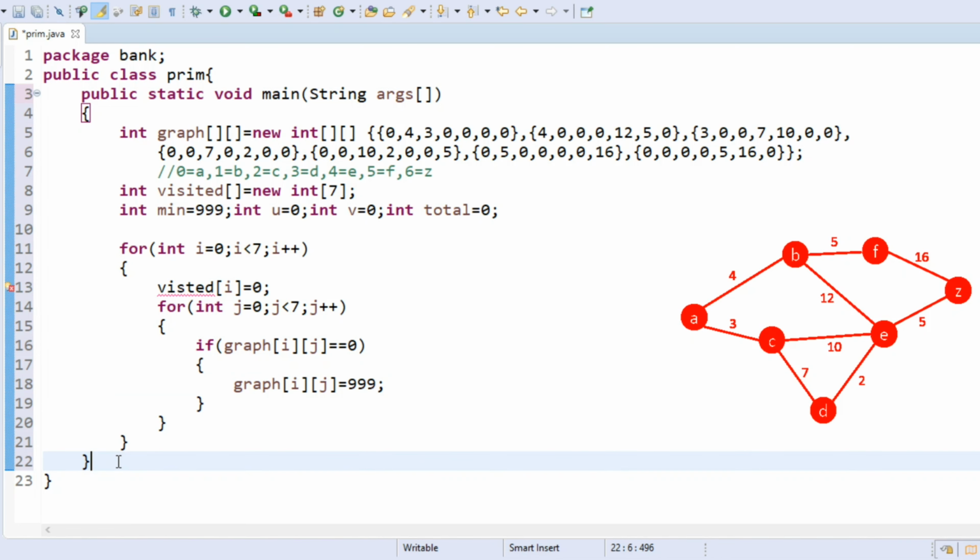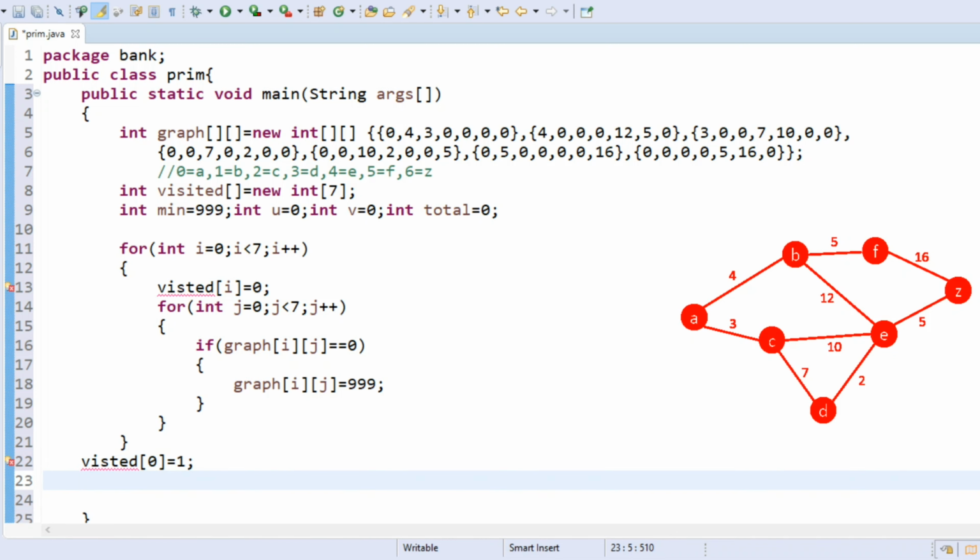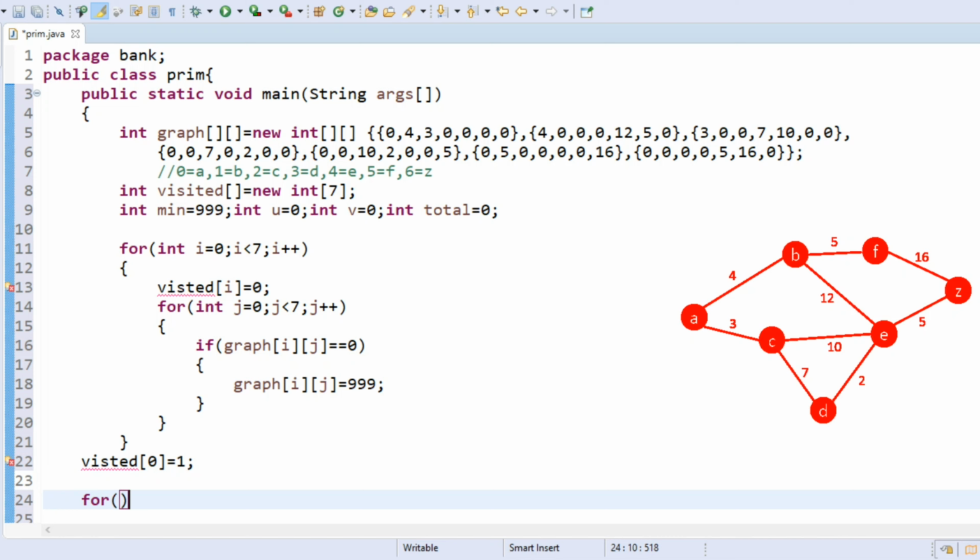After that I'm going to set visited of 0 equals 1, because we already visited the source vertex, that means the first vertex A. After that I am going to take another for loop for counting the visited vertices.